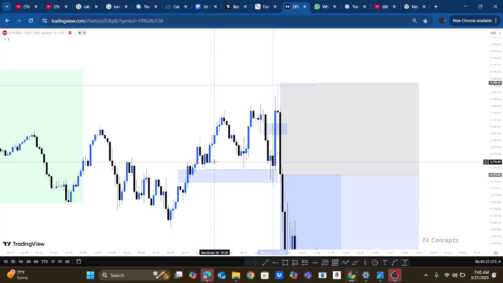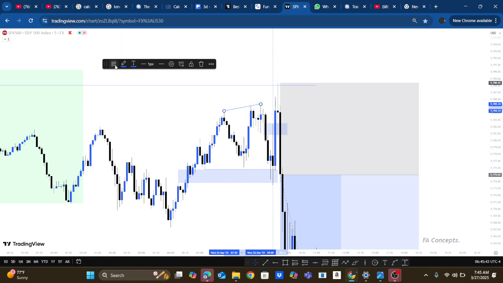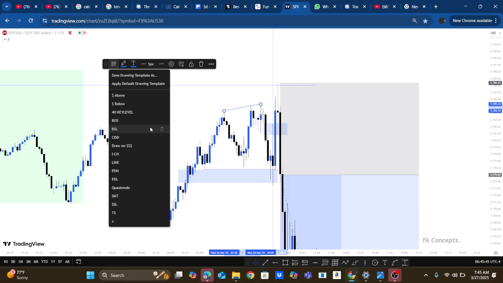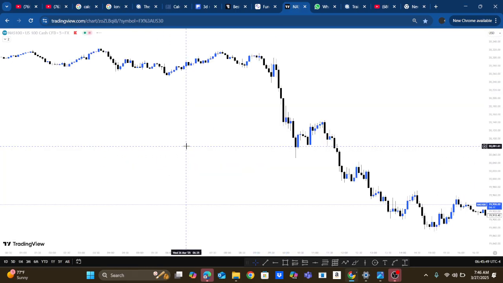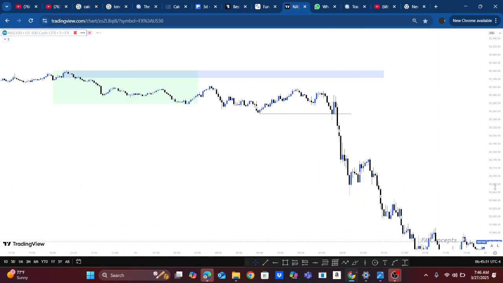You can see, you saw this SMT. I saw this SMT in place. It's a bearish SMT on NAS, right?